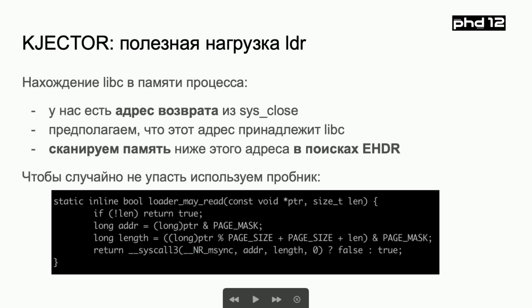Now about finding libc in the memory of the process, it's pretty easy, isn't it? We have the address from which the injection occurred, which initiated sysclose, that results in our injection. We are assuming that this address belongs to some library, I'm assuming it's libc.